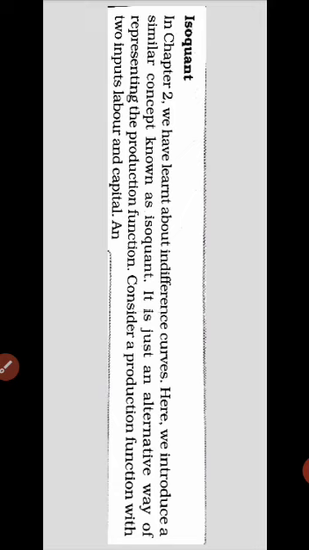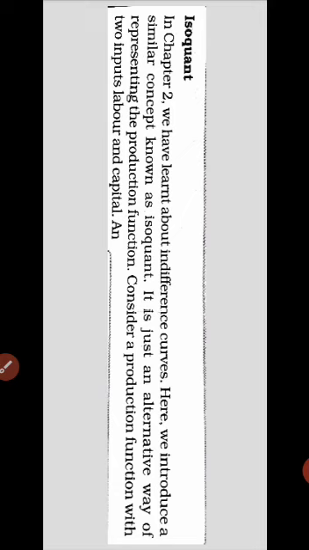Consider a production function with two inputs, labor and capital. With the indifference curve, we use two goods, good x and good y. Instead of good x and good y, we are using capital and labor.